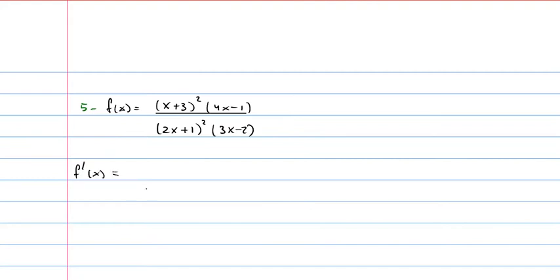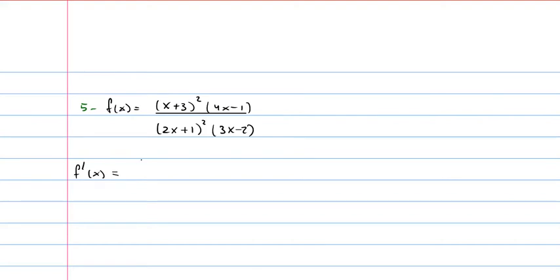Now for the fifth problem, we're going to use a combination of all the things we learned so far. Now our function is going to be x plus 3 squared times 4x minus 1, divided by 2x plus 1 squared times 3x minus 2. So let's think about what f prime of x will be.